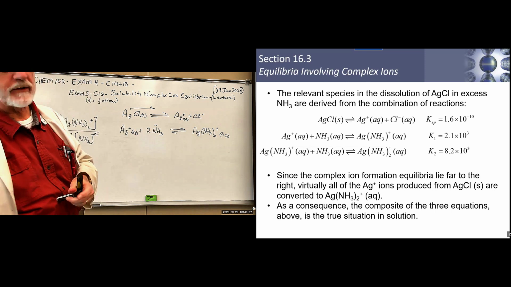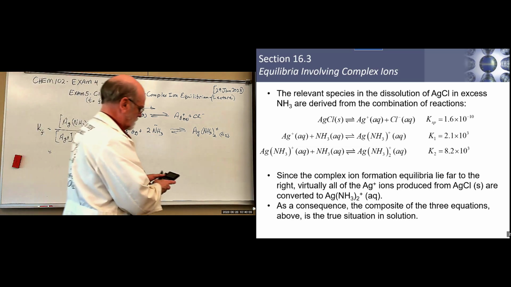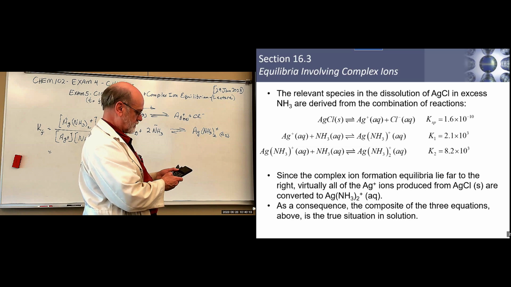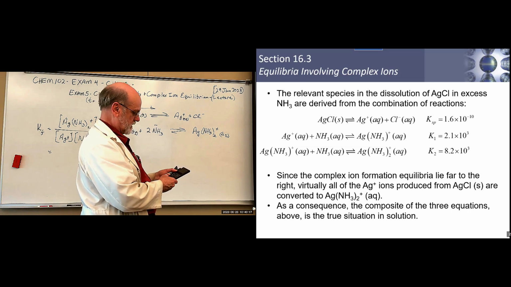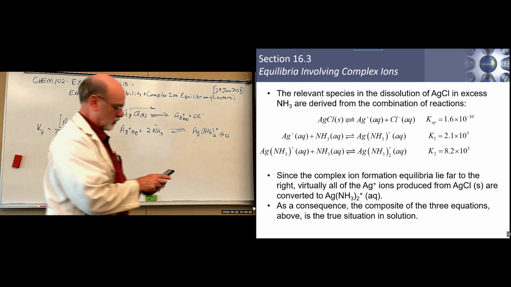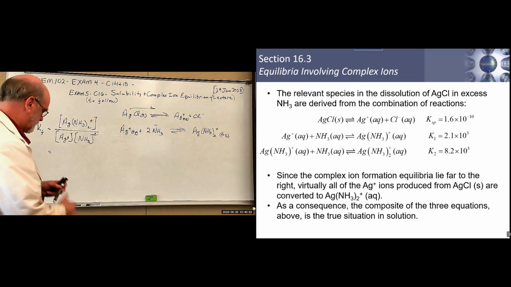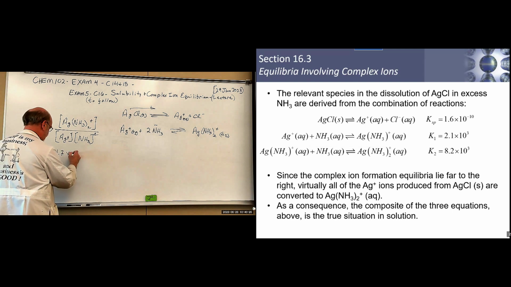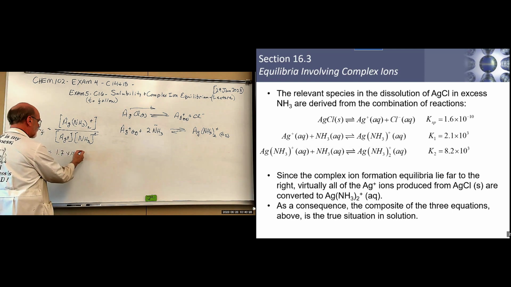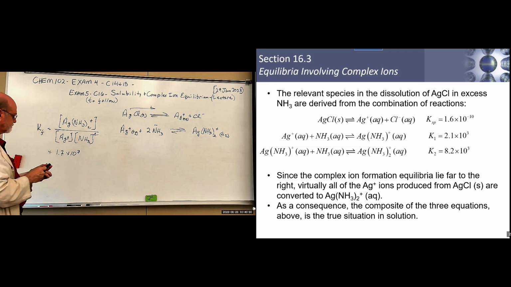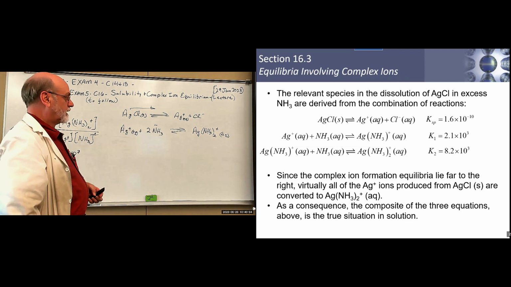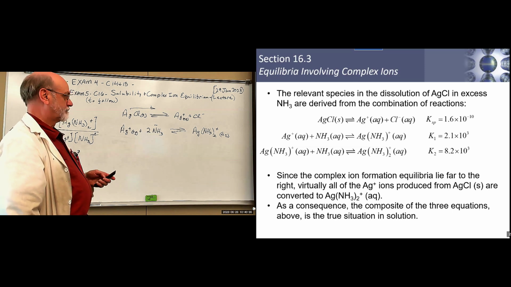I have to use my calculator. 2.1 exponent 3 and 8.2 exponent 3 times 1.7 times 10 to the 7th. So it is way, way far to the right. We multiply those two together.